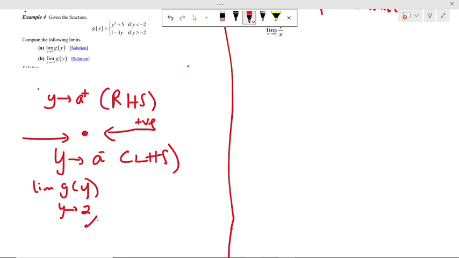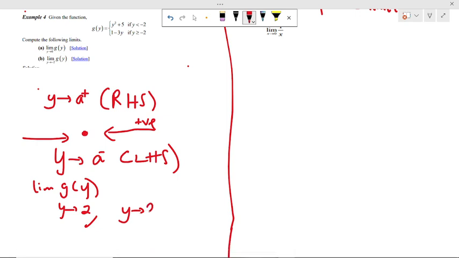To confirm that the limit exists, when you take values of y greater than 2 and put them in the function, it will approach a particular value. Then when you take values of y slightly less than 2, but close, and put them in the same function, and it approaches that same value, then the limit of that function exists.